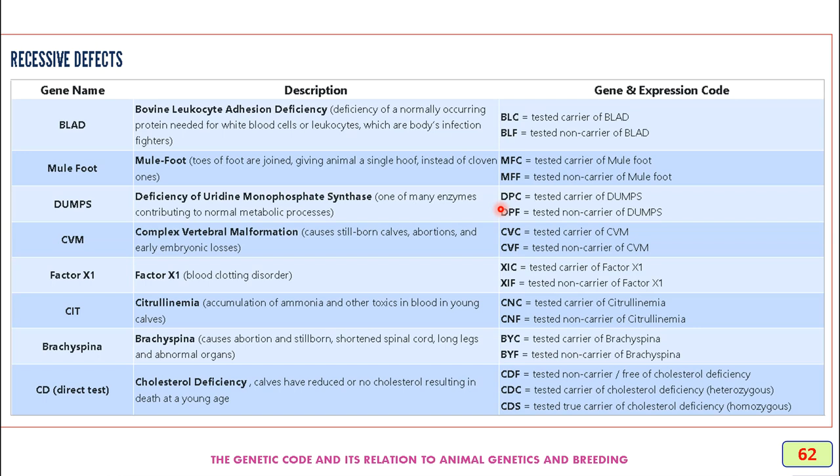BLAD means bovine leukocyte adhesion deficiency syndrome: a normally occurring protein needed by white blood cells, or leukocytes, the infection fighters, is not produced. So the BLAD carrier is tested.